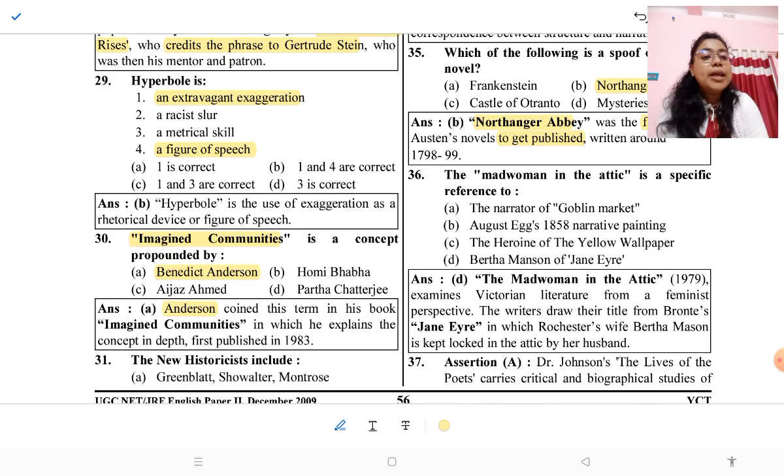Then, The Madwoman in the Attic is a specific reference to Bertha Mason of Jane Eyre. You know the character.